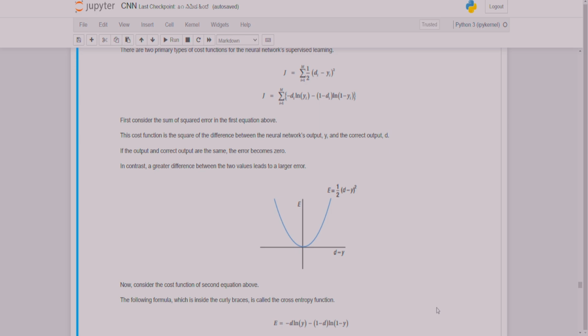So if d minus y is larger, I can find more and more error being calculated. Cost is also more. So it means you have to use this error in some method so that more error corresponds to more weight update. I should somehow convert this error into that when I go for an update.